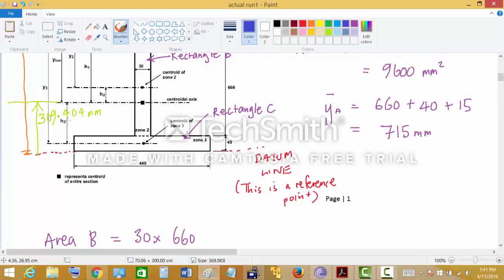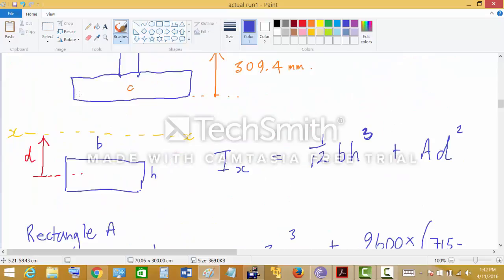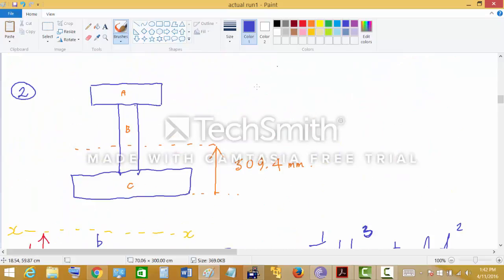We said it's 309. So that distance there, that would be D. I'll show you on here. D for A is from this position here to here.